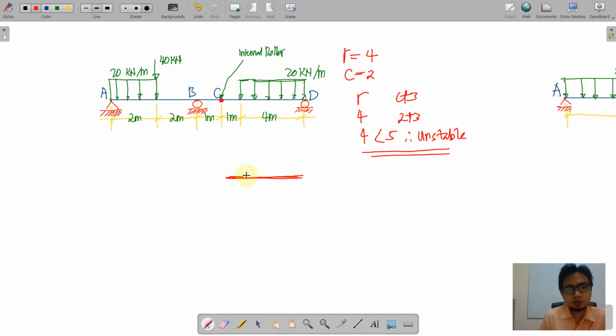So if this is CD, it's actually involving a 2 reaction here. So I'm going to label this as internal RC, and this is an external RD.